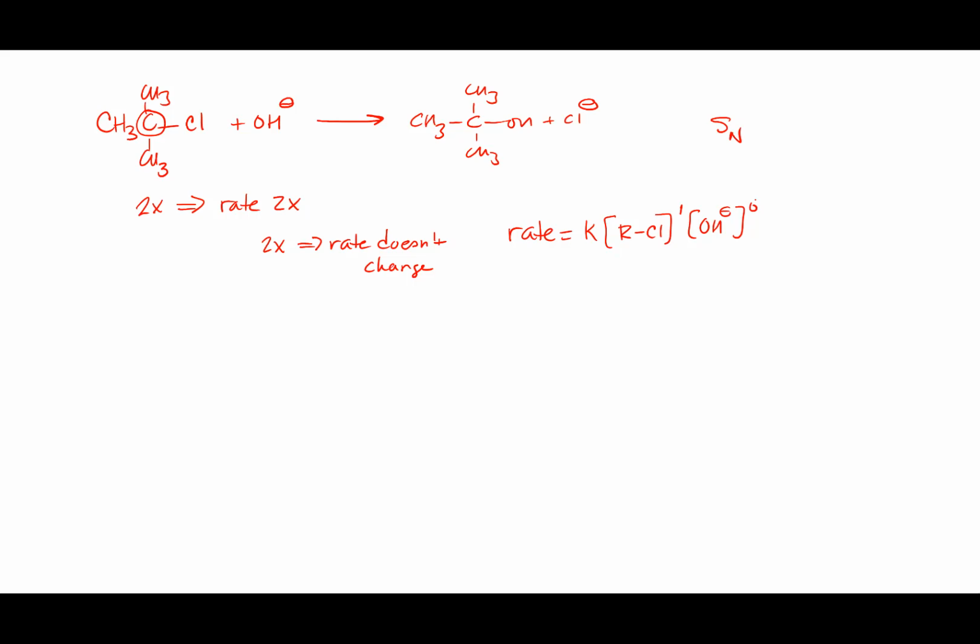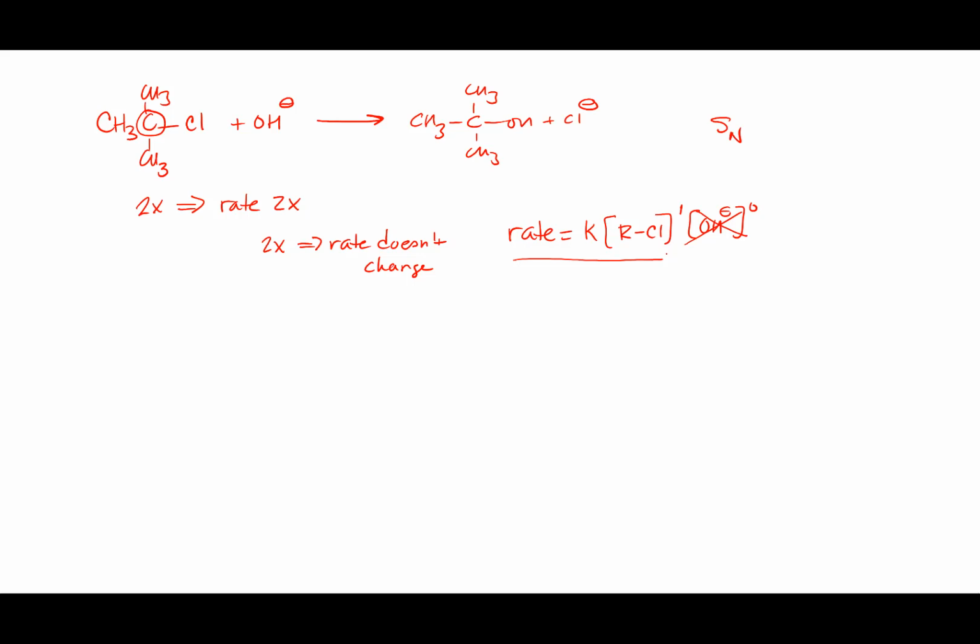Because anything to the zero power is 1. And so basically that means that disappears. So the rate equation is only dependent on the alkyl halide. So now you've got to come up with a mechanism whose rate equation looks like that.